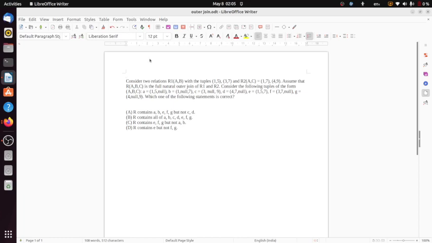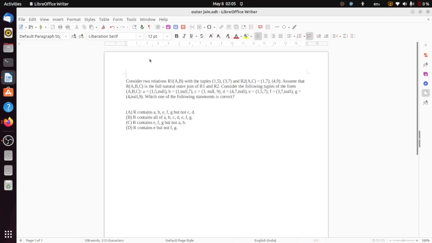Consider two relations R1(A, B) with the tuples (1, 5), (3, 7) and R2(A, C) with the tuples (1, 7), (4, 9). Assume that R(A, B, C) is the full natural outer join of R1 and R2.